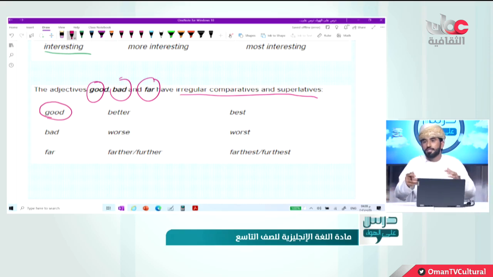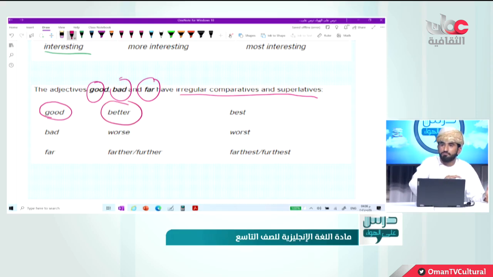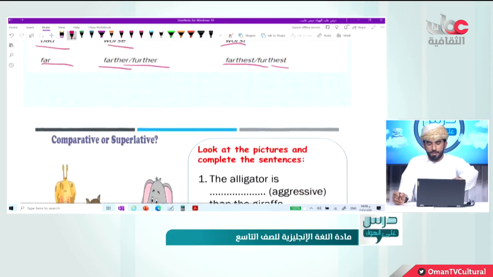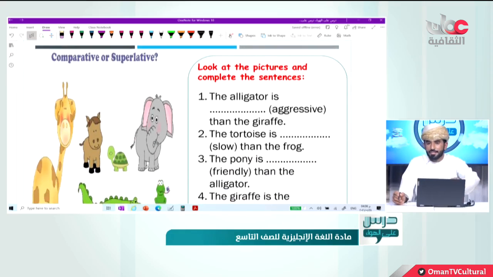But if you want to compare this lesson to other lessons, this lesson is better than the other lessons. Better, have a look, changes. Full change. And then if you want to make it the best lesson, good shifts into best. Similar to bad, worse, worst. Far, farther or further, farthest or furthest. Okay, good? Yes. Right, now we've got this little task.